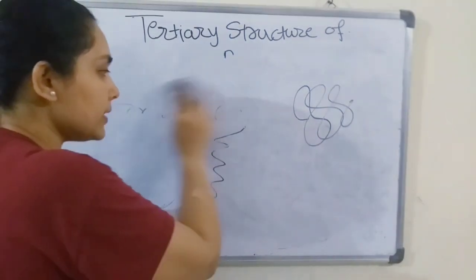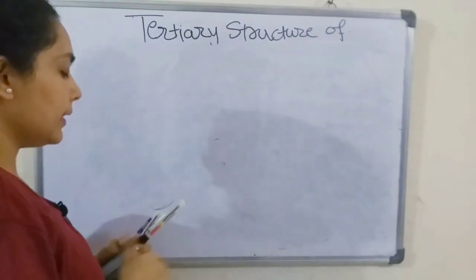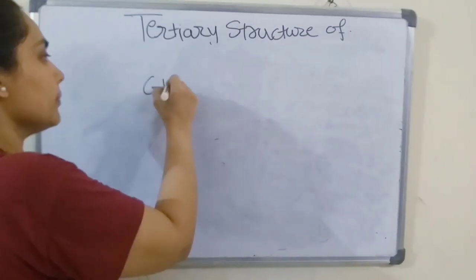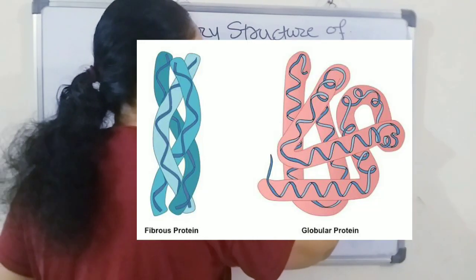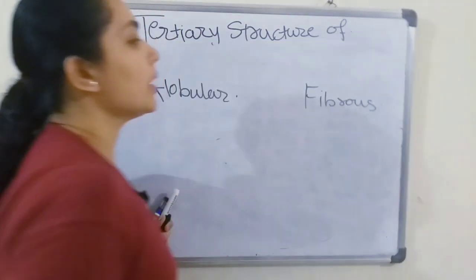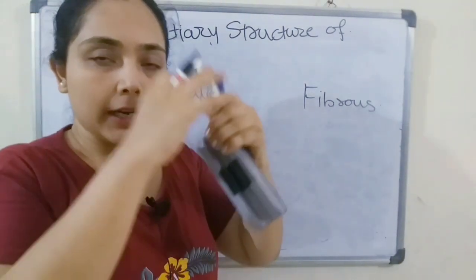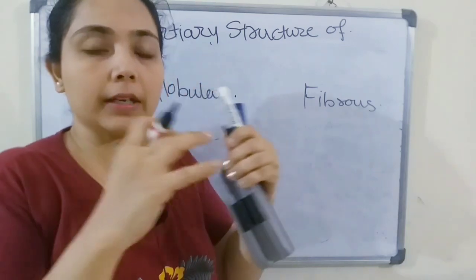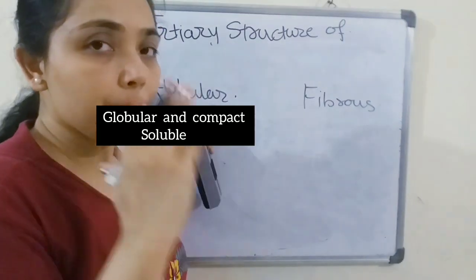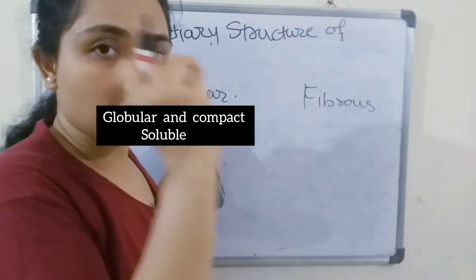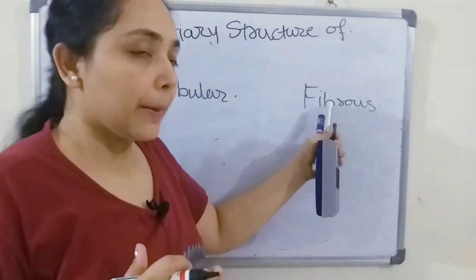Tertiary structures can be of two types: either a globular type of structure or a fibrous structure. In the globular type of structures, the polypeptide chain will fold in such a way that it has a globular or compact structure, and the proteins having the globular structure are soluble.